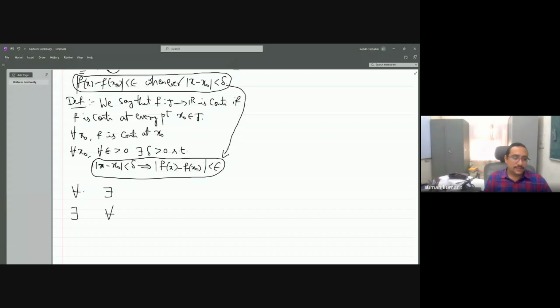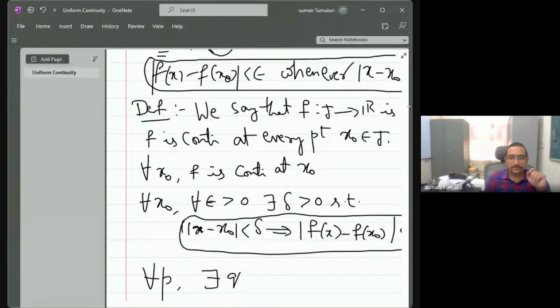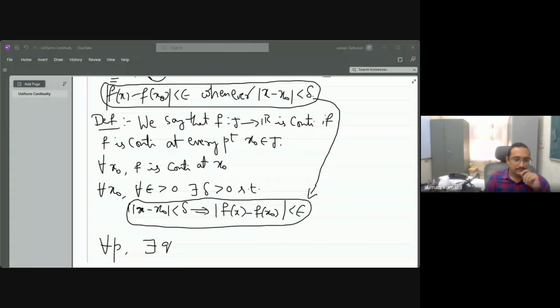Suppose you take for every P, there exists Q, and there exists Q for every P. What's the difference? Are these two things the same or different? Can I interchange the order of the quantifiers? This is an important question.